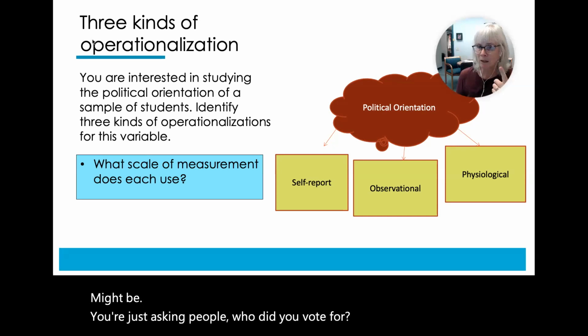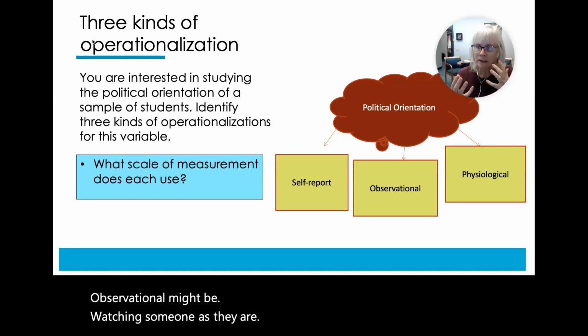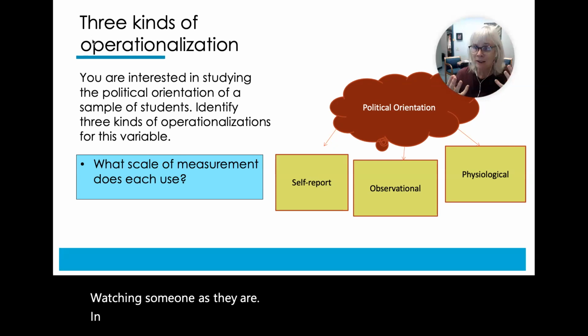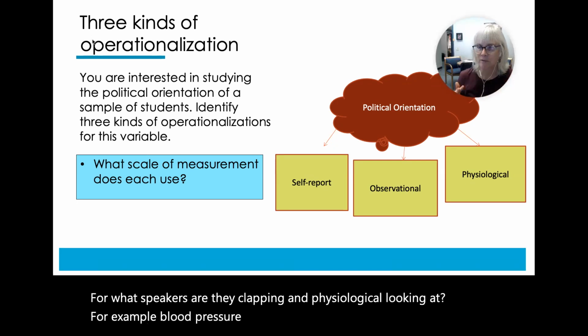Observational might be watching someone as they are going to a debate, and when do they clap? For what speakers are they clapping? And physiological, looking at, for example, blood pressure changes across those.